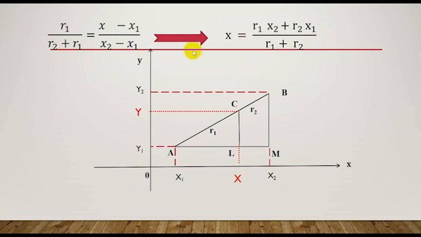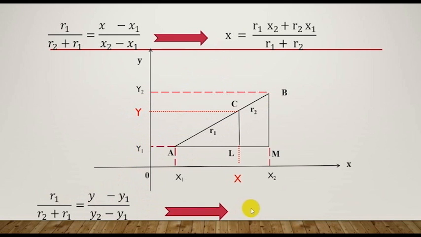Similar for Y: R1 over R1 plus R2 equals Y minus Y1 over Y2 minus Y1. We will get that Y.